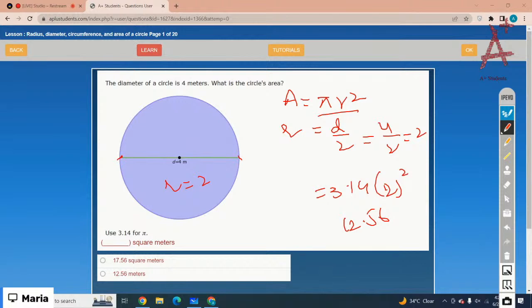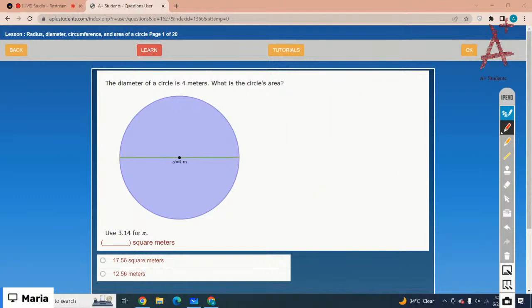So if you are given with a diameter, you can divide the diameter by 2. Got it? To get the radius.